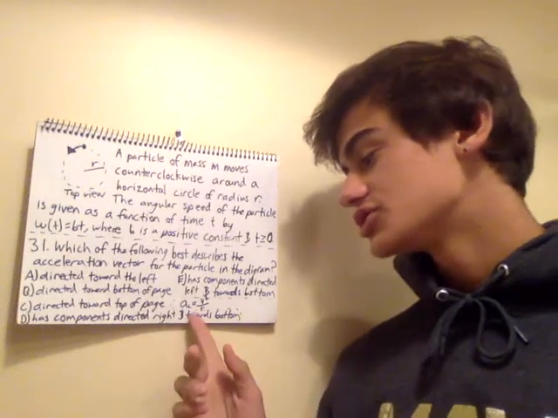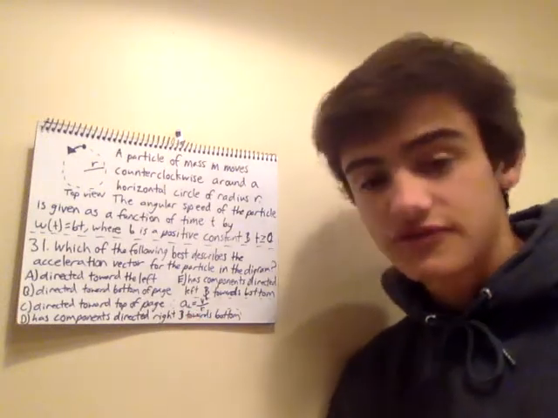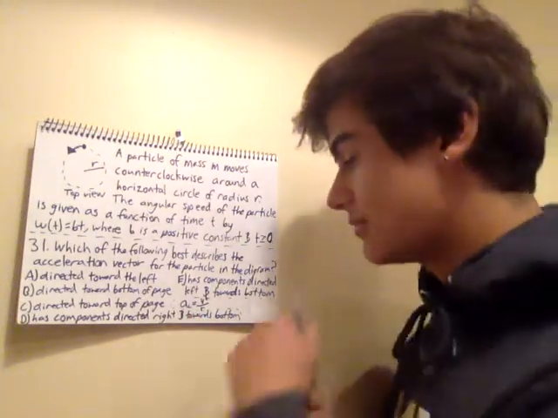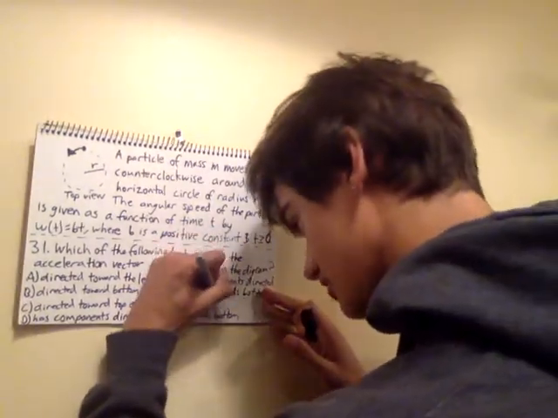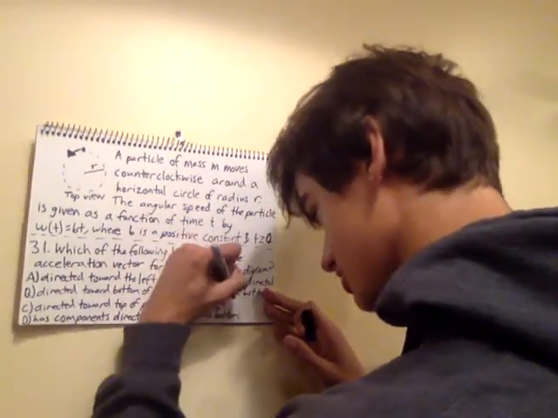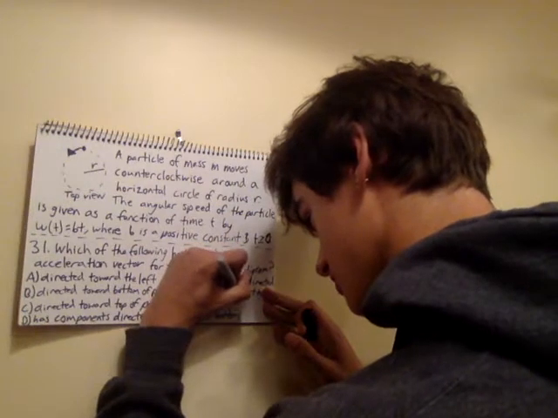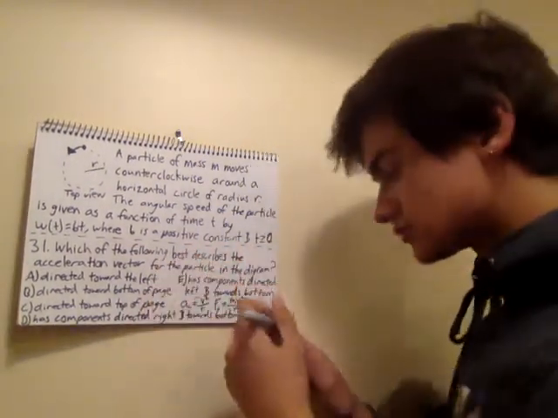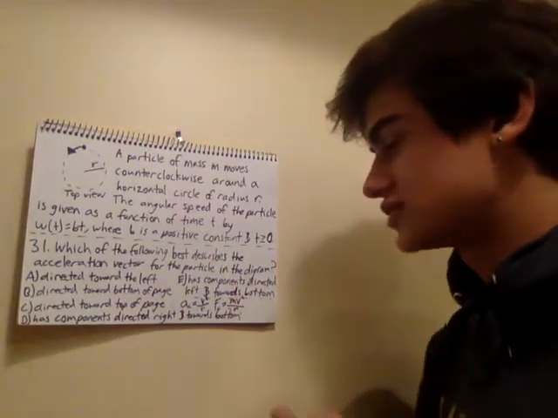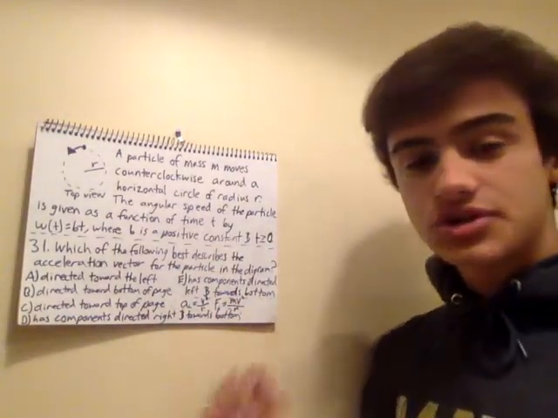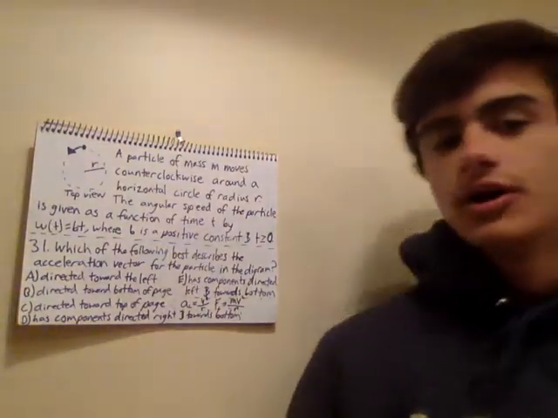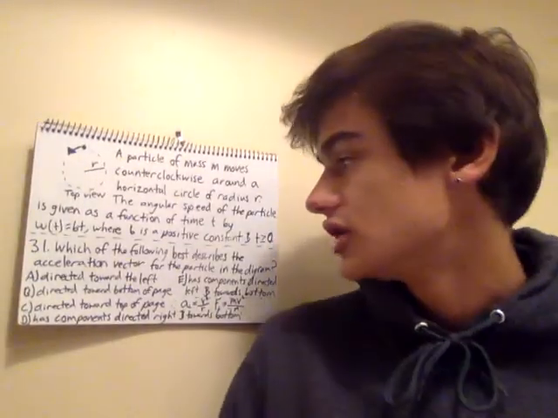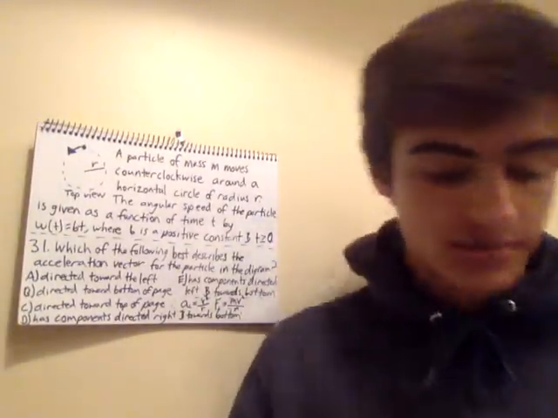So if we know what centripetal acceleration is, to find centripetal force, we're just going to multiply by the mass. So force centripetal is equal to m v squared over r. We're not actually going to need these equations in this problem, but these are some of the greater concepts at play here.